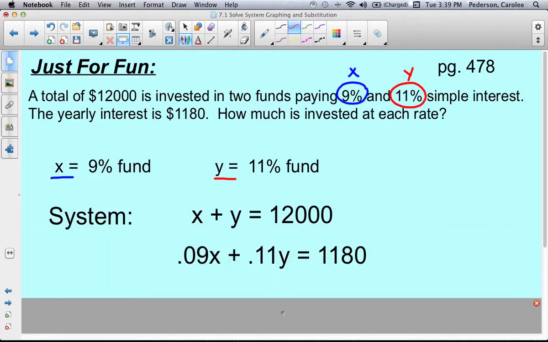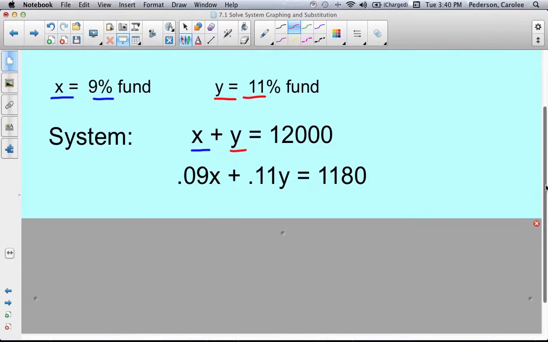Here is our system. The first one is how much of the 9% fund plus how much of the 11% fund, and it's going to total $12,000. And then the second equation is the amount of interest that you make. Remember, 9% as a decimal is 0.09, and 11% as a decimal is 0.11.